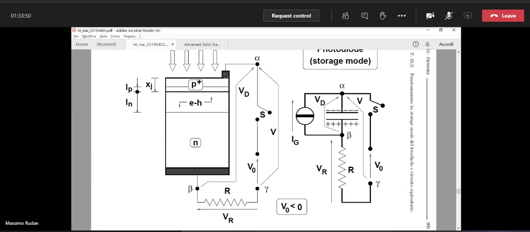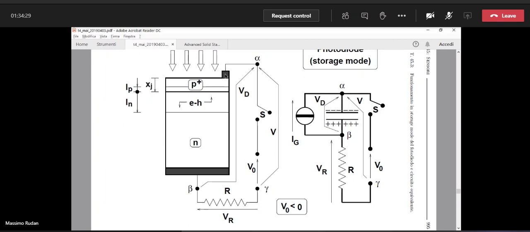And also in that region, they continue to generate electron-hole pairs. But in the space charge region, there is a strong field. And since the applied bias is reversed, that is V0 is negative, the holes generated in the space charge region are attracted to the upper part of the junction and the electrons are pushed to the lower part.